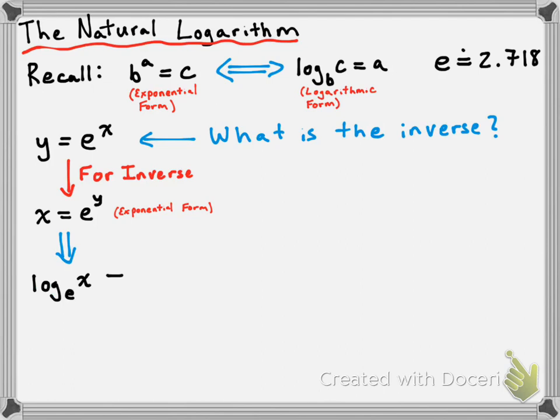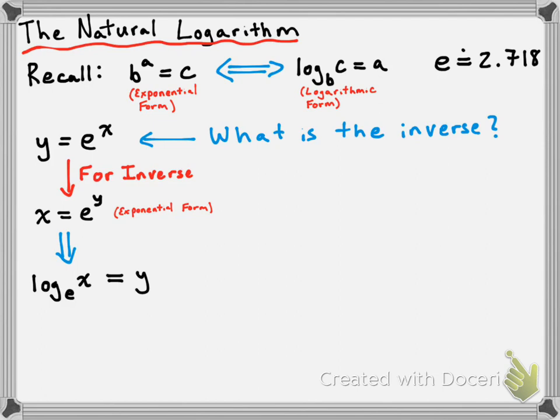And that means that we're going to have log base e of x is equal to y. Now here's the thing. e to the power of x is a very, very important function. And actually, a log with a base of e is also going to be very, very important. In fact, it's so important that it's got a special name.